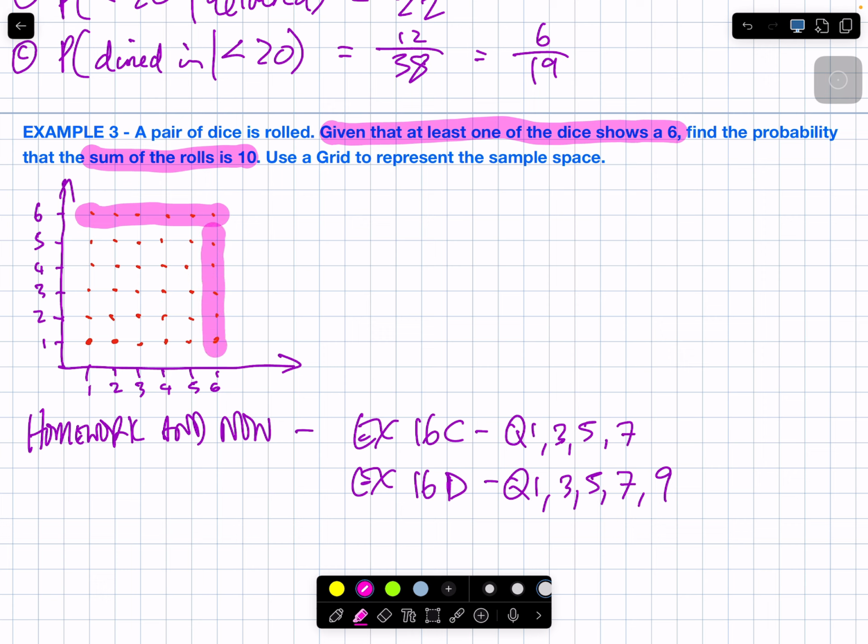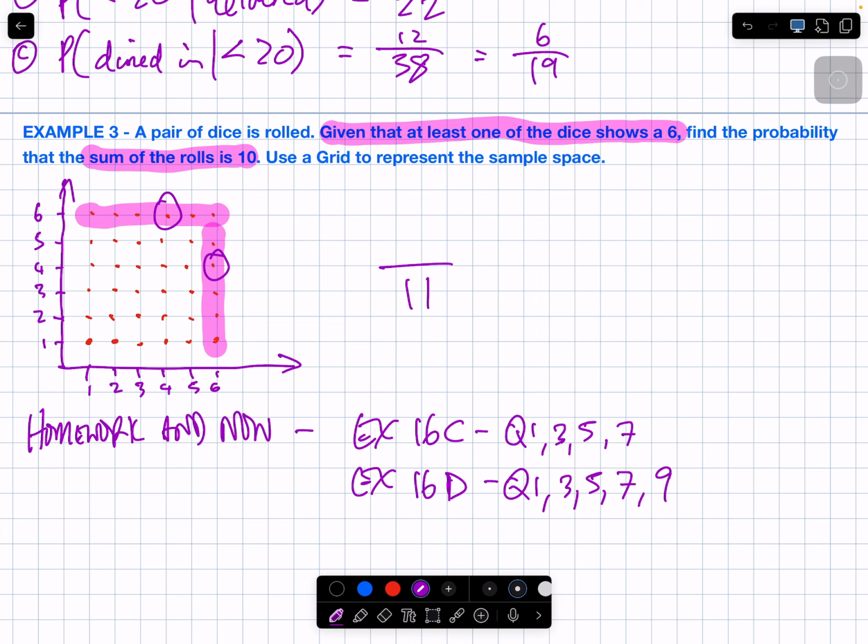Find the probability that the sum of the rolls is 10. How many of those dots gives you a sum of 10? 2. 6 and 4. 6 and 4. Is there any other ways on a 6-sided dice that you could get 10? Is there another one? 5 and 5?